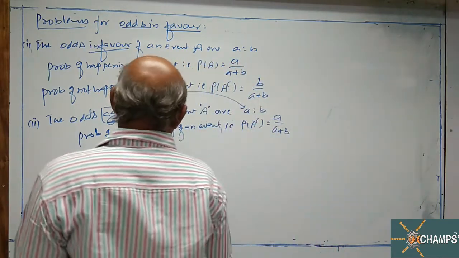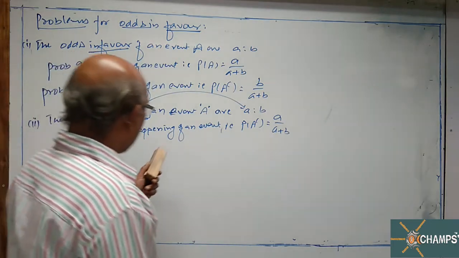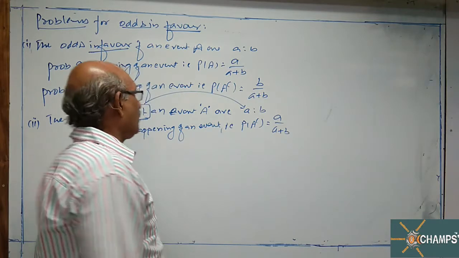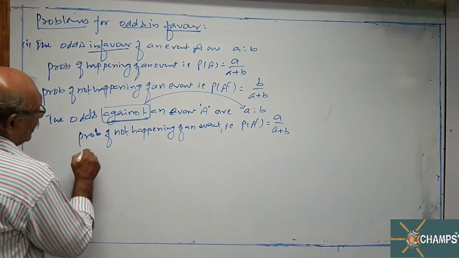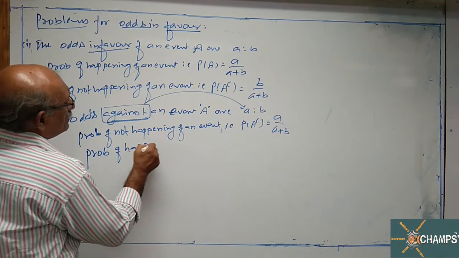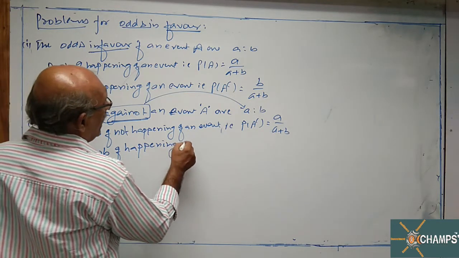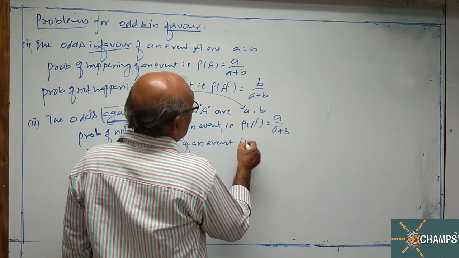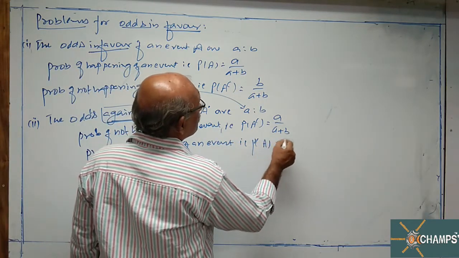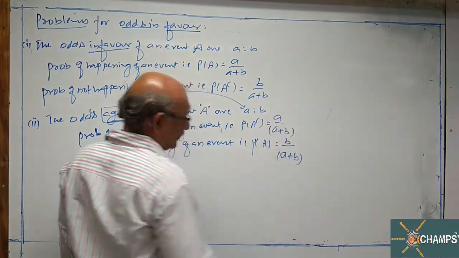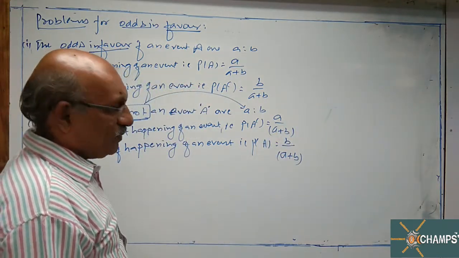Therefore you have to write probability of not happening of an event is A by A plus B. Probability of happening of an event, that is P of A, is equal to B by A plus B.